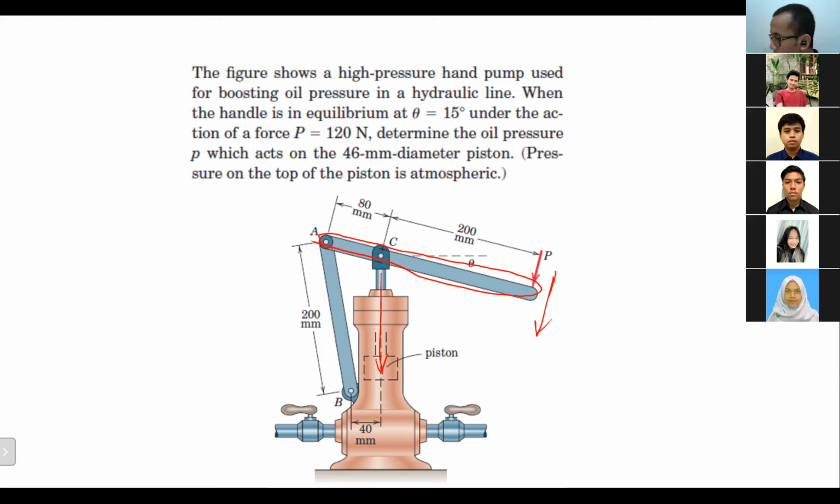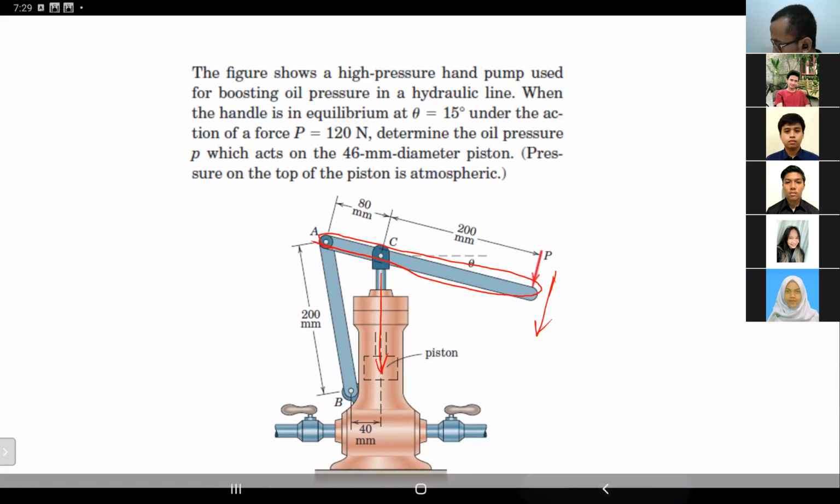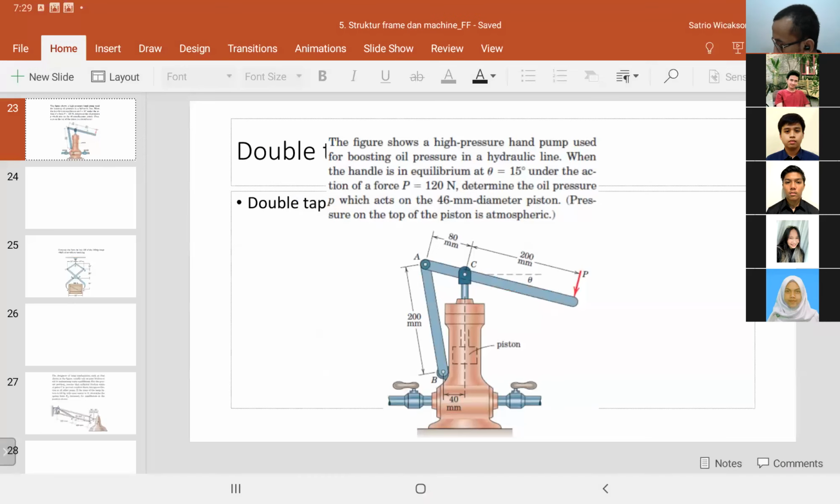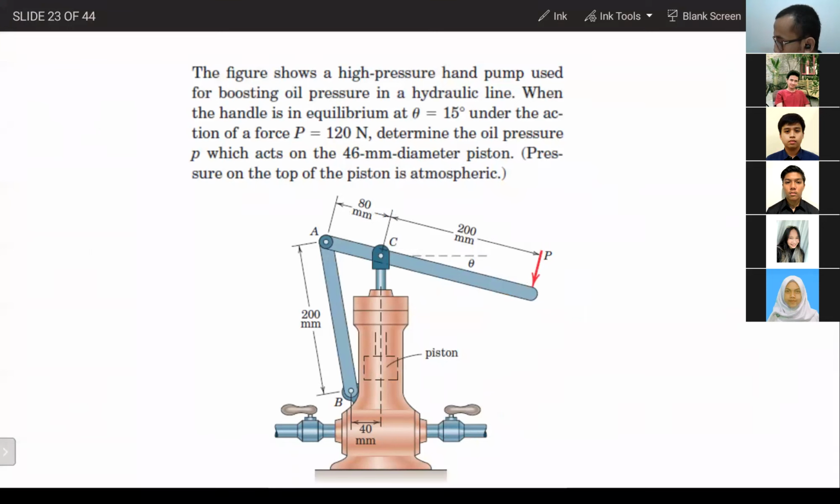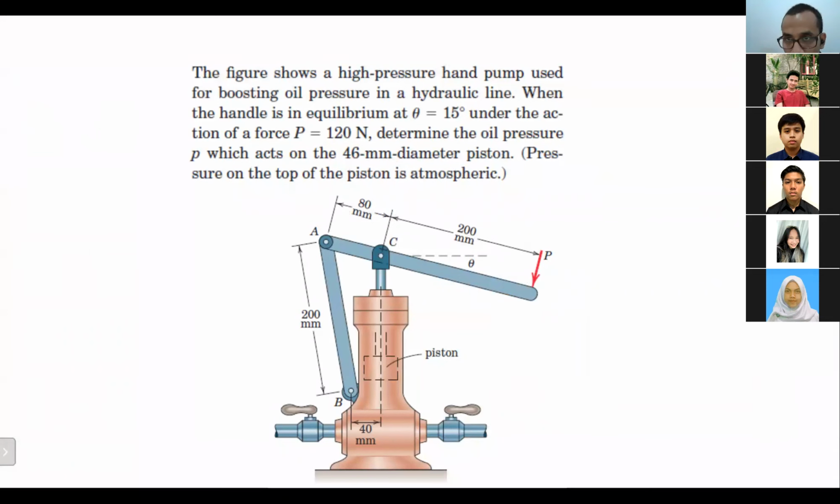So the question here is, the angle theta there is 15 degrees. When the force P is equal to 120 Newton, determine the oil pressure p, which acts on the 46 millimeter diameter piston there.